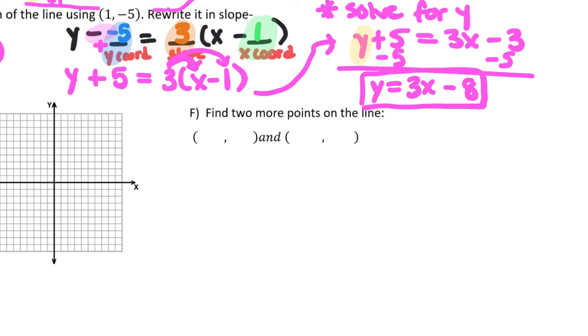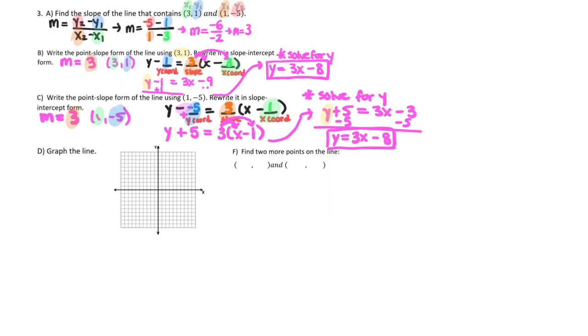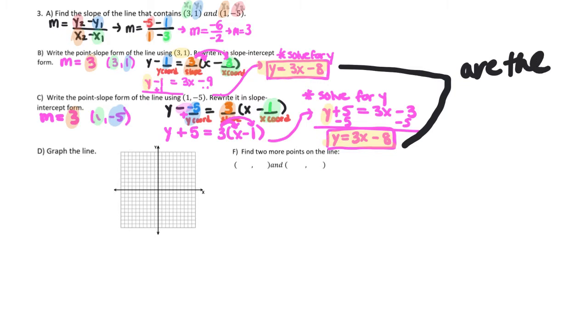Now if I zoom out to look at this whole problem, we should notice that this equation and this equation are the exact same, which should be true if you did it correct, because they are the equation of the same line. So these two should be the same.